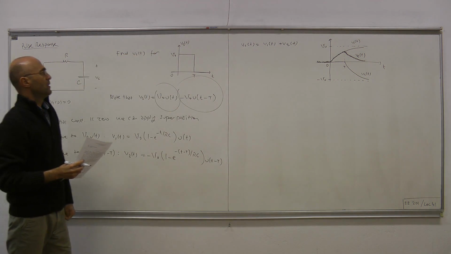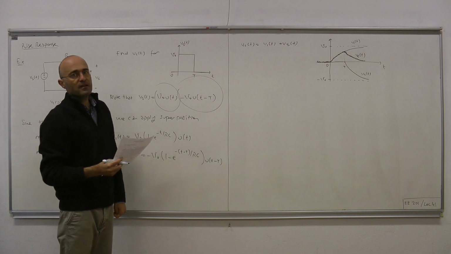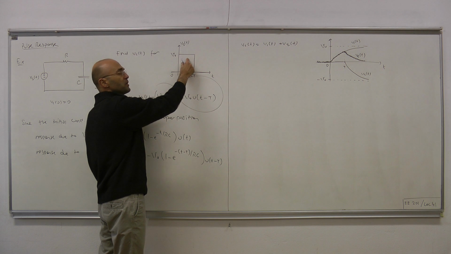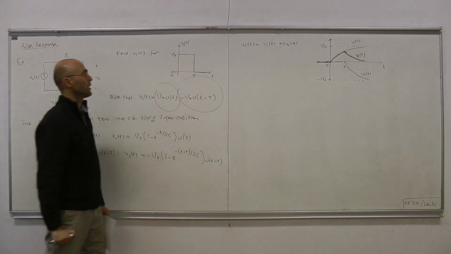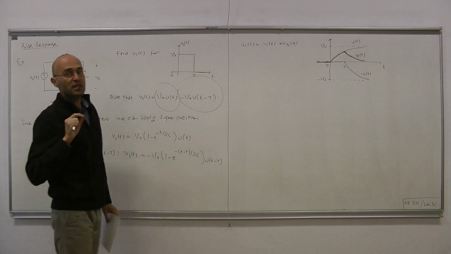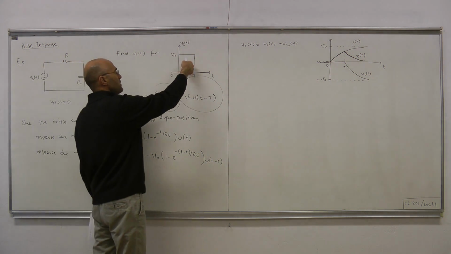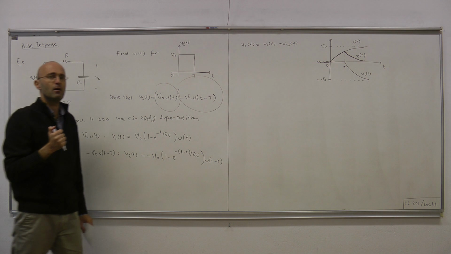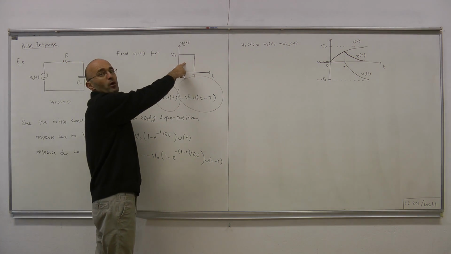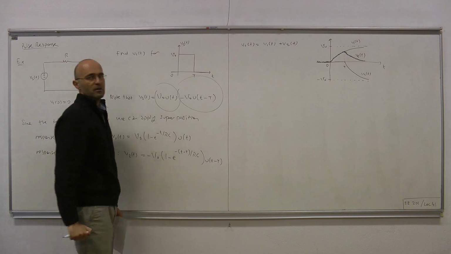Now, to obtain the impulse response, we're going to consider a pulse of this form. Since we have to apply a unit impulse, and we want this to converge to the unit impulse function in the limit, this area must be 1. So V0 times capital T must be 1.